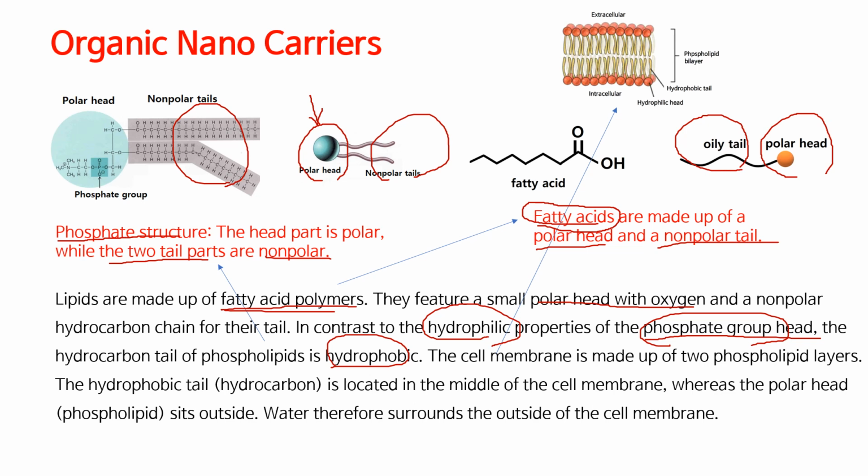The cell membrane is made up of two phospholipid layers. This structure: the hydrophobic tail, hydrocarbon, is located in the middle of the cell membrane here, whereas the polar head, phospholipid, sits outside, here and here.